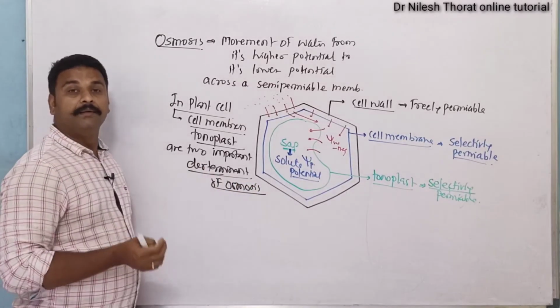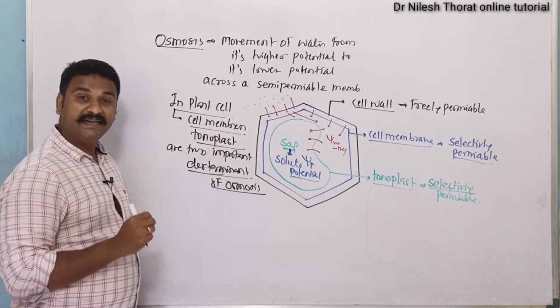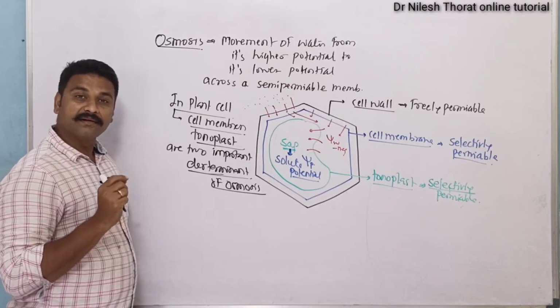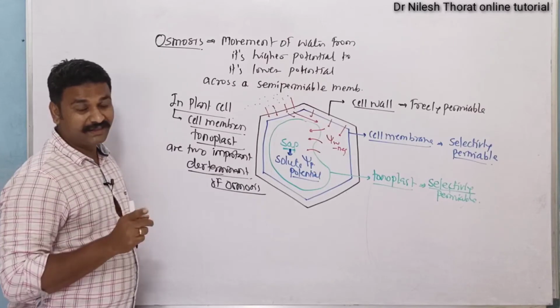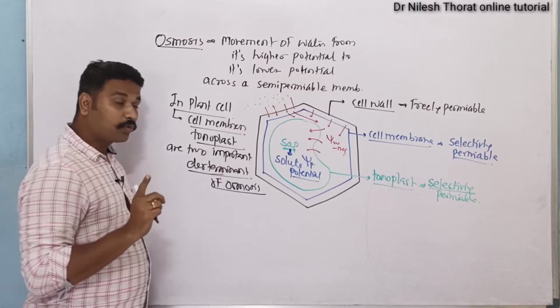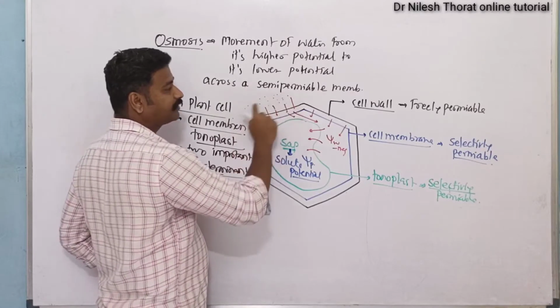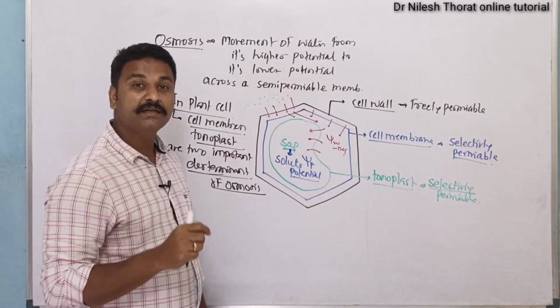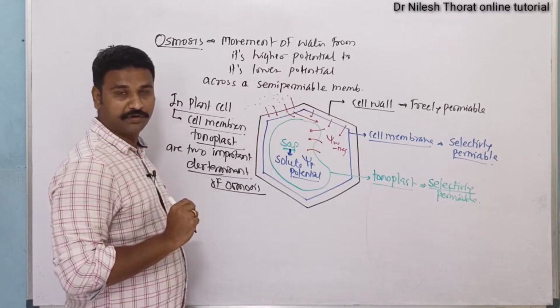Clear for this thing? But the net direction of osmosis and the rate of osmosis is determined by the concentration of the substances and pressure potential of water molecule.